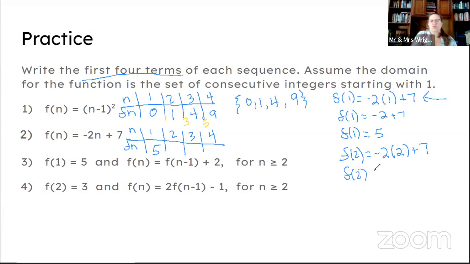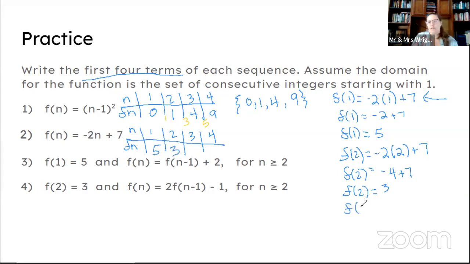Or you can do it manually and then verify it with the calculator, which is good too. It's always good to have backup, especially when you're doing a test. It's always good to make sure you've gotten the correct answer every time.